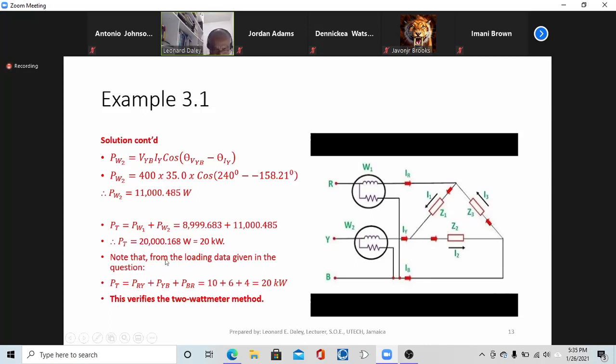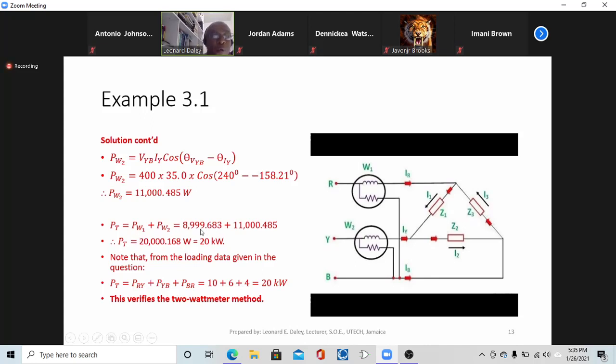Now, if you remember that the red yellow phase had 10 kilowatts, the yellow blue phase had 6 kilowatts, and the blue red phase had 4 kilowatts. So when you sum up those by the method that we know from before, you get 20 kilowatts.